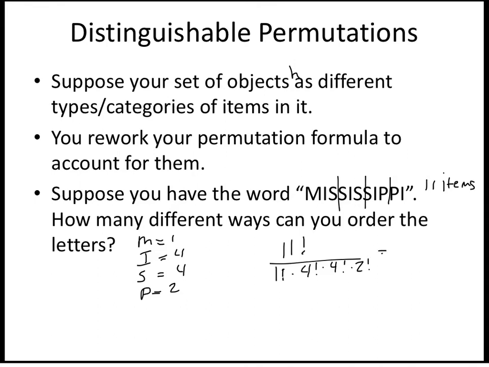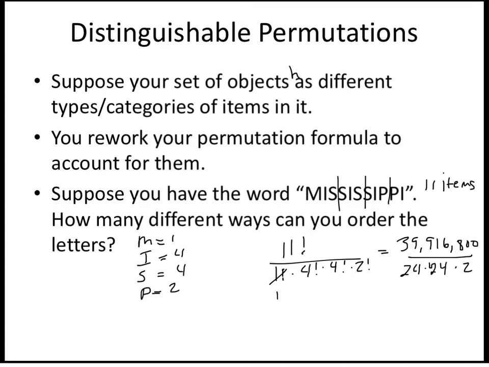So that will be, let's see here, 39,916,800. I got my numbers backwards. 39,916,800 divided by 1 factorial, which is just 1. 4 factorial is 24, so 24 times 24 times 2 factorial, which is 2.